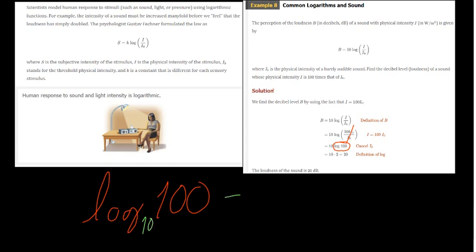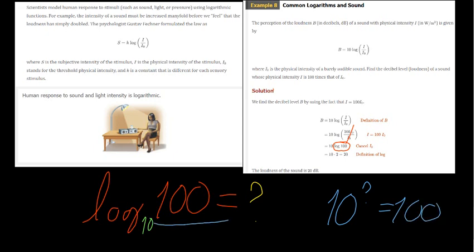This is maybe just a preview of the next section. If we were to take this logarithmic form and put it into exponential form, we might say, 10 raised to what power is equal to 100, right? Again, 10, and then the question mark, and that's equal to 100.